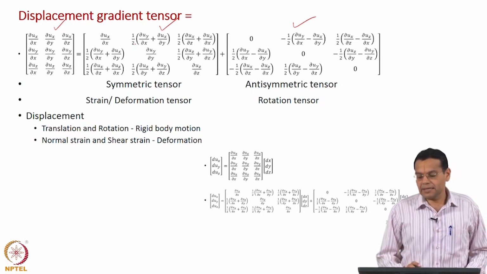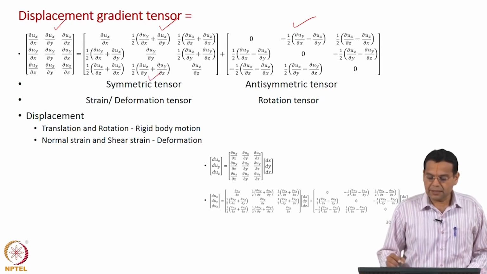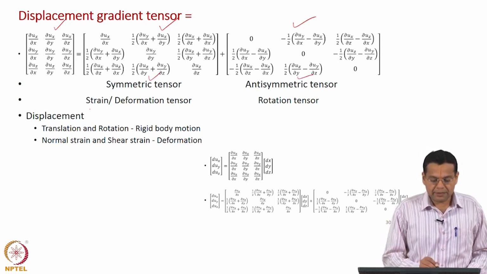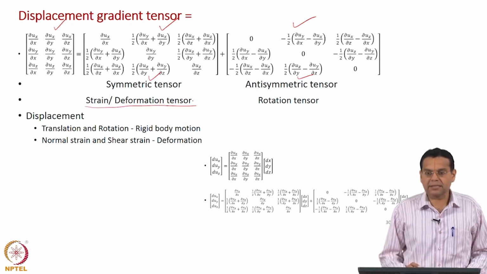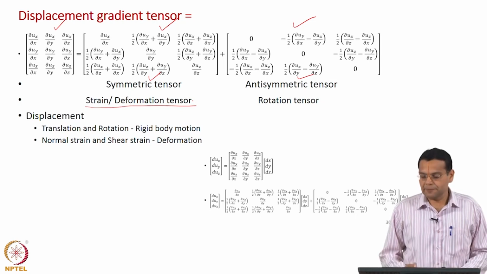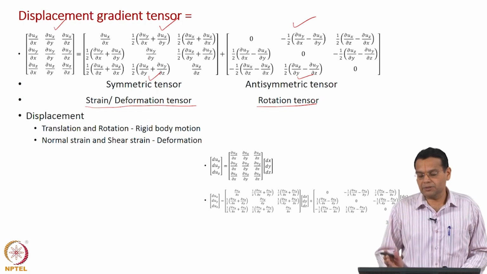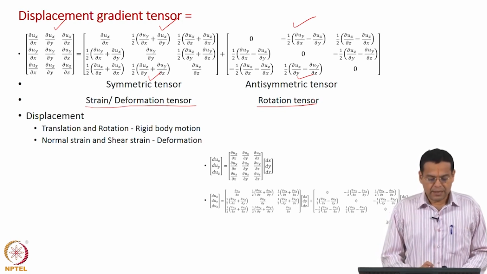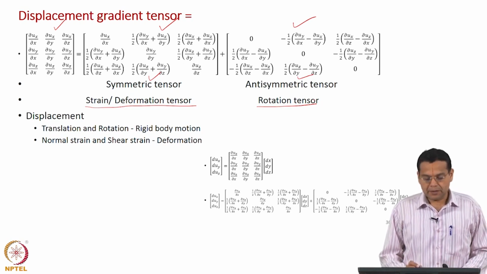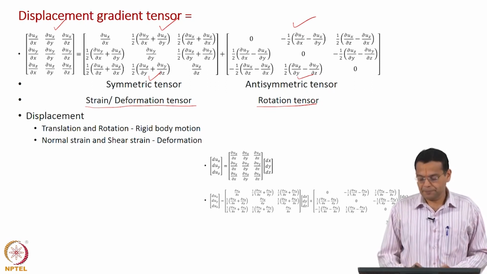The second tensor includes the rotation contribution, and we said this is symmetric, this is antisymmetric. The names given were strain or deformation tensor, because it involves contribution from normal strain and shear strain, and rotation tensor, because it involves contribution from rotation. We concluded that translation and rotation, which are rigid body motion, and normal strain and shear strain, which are deformation, all contribute to displacement.